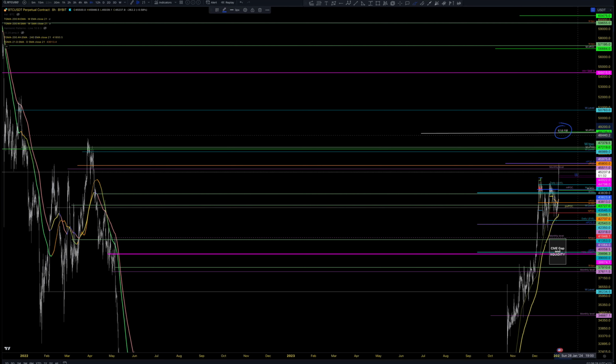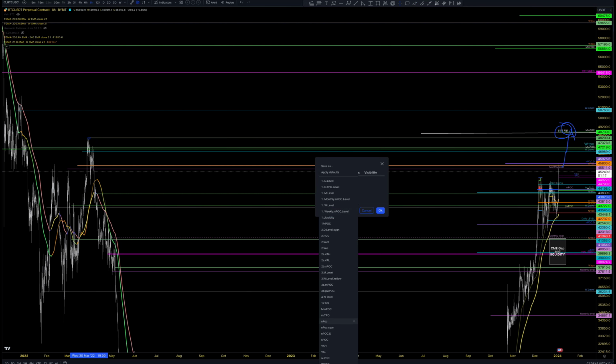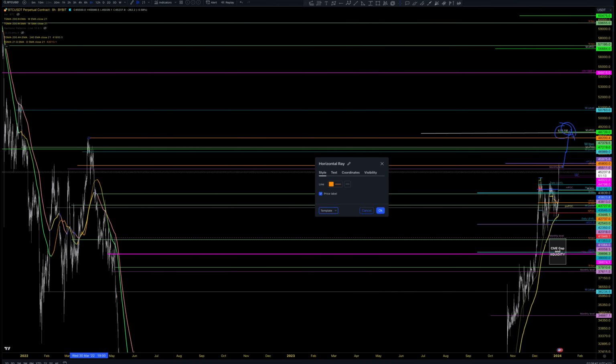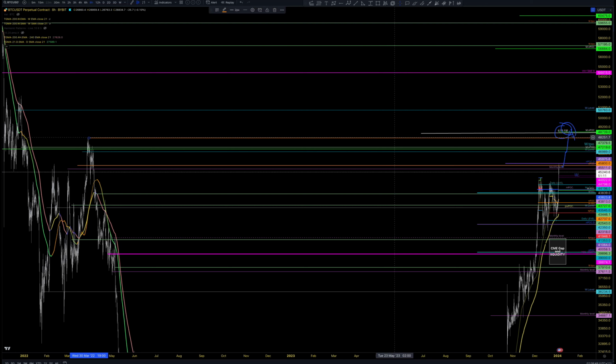That is the level, 618. If we break straight through it, that will be the entry to short. We might take slightly above. So there's our liquidity. Let's just put that in there. That's going to be our liquidity space.